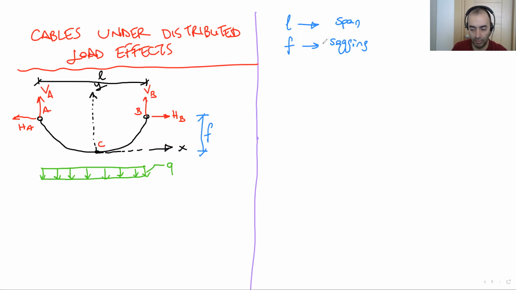Okay, uniform distributed load. Now, if we cut the system into 2 pieces, if we cut the system from point C and take into account the right hand side, let me draw that part here. Like this.